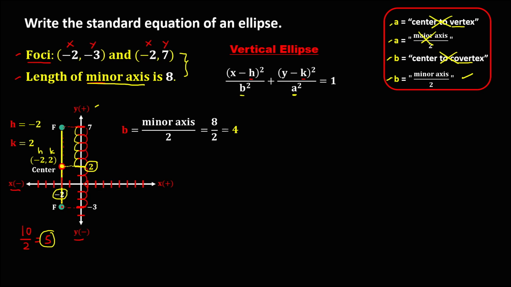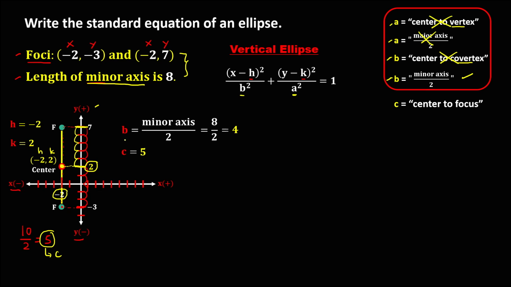Then this time to solve for a, we need to find first the value for c, and c is center to focus. So from center to focus, this is equal to 5. Therefore, this 5 is c. So c is equal to 5.